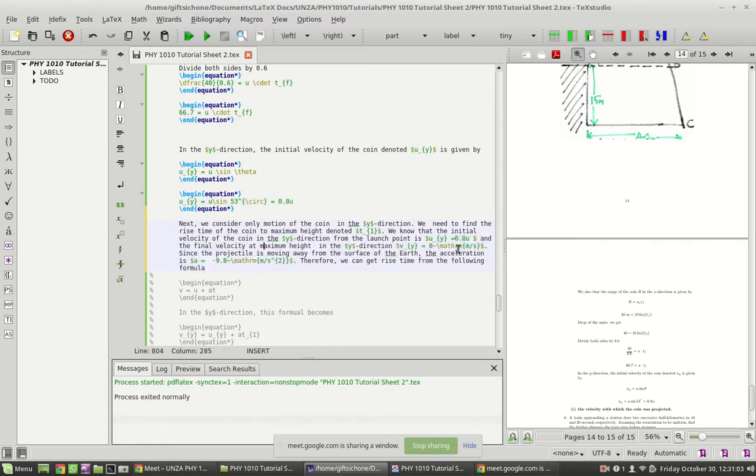And the final velocity of the coin at maximum height is 0 meters per second. Since the coin is moving away from the surface of the earth, the acceleration is minus 9.8. Therefore, we can get the rise time.